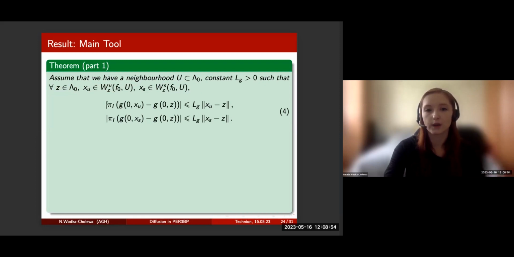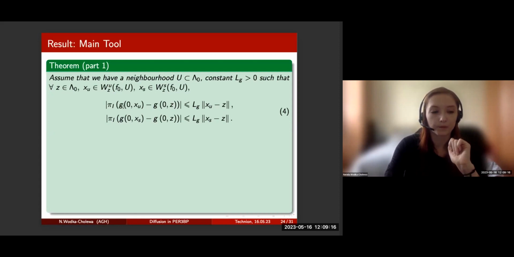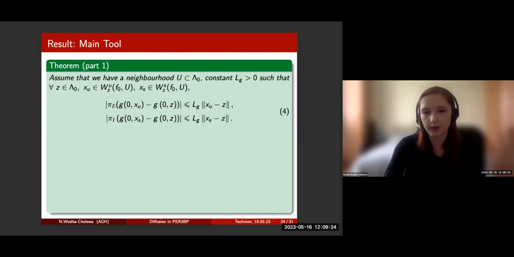So you have on the I coordinate, you take the difference between G0(x_u) and G0(z). So this G is as previous, and it's in the unperturbed system because epsilon is 0. And you see, this is the difference between the Poincare map in this point, but for the coordinate I. Okay, it's bounded and for stable as well.